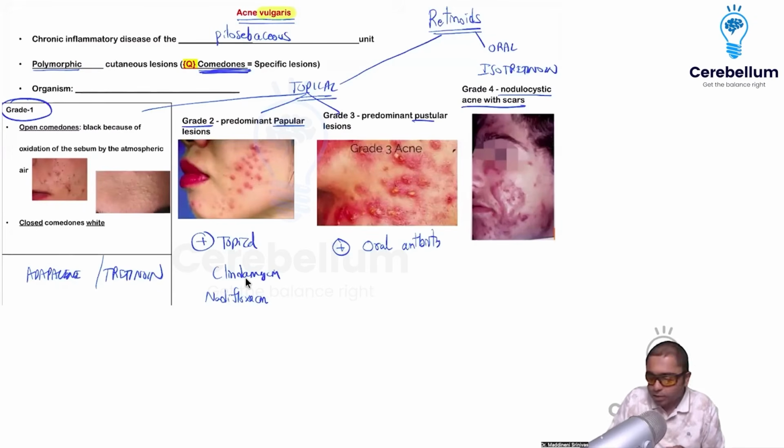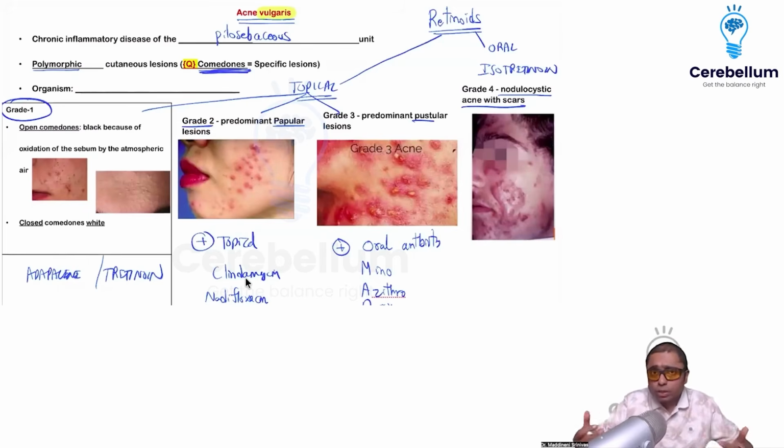Any one of them: it could be M, A, or D. Not all of them, any one. It could be minocycline, azithromycin, or doxycycline. So this is the treatment plan for acne vulgaris patients according to the grade.